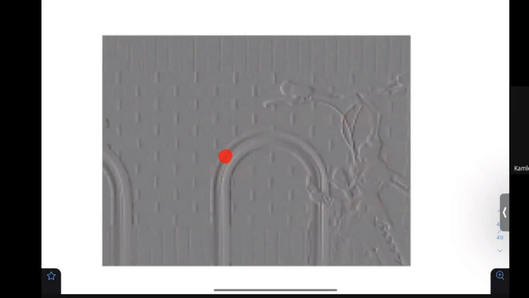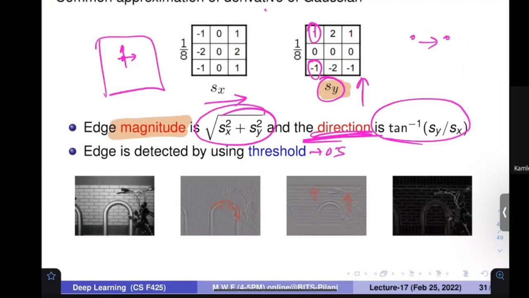If the strength is higher, you see a higher value, otherwise a lower value. Similarly, what is the strength in the y direction, sy? Then you combine these two to find this quantity. If this quantity is greater than some threshold that you decide, then you say those pixels are on, other pixels are off.